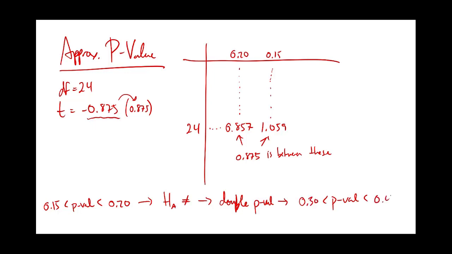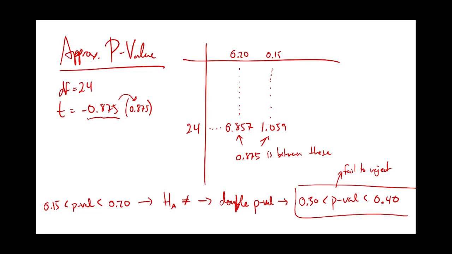That's a really high p-value. So it doesn't actually matter what your alpha level is here, because you would never use an alpha level that high.